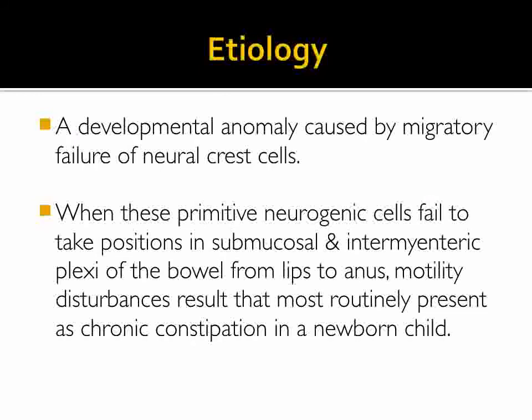The ganglion cells migrate from the neural crest and reside in the wall of the intestine and produce two plexuses, the myenteric plexus and the Auerbach plexus. These two plexuses control the motility of the intestine.